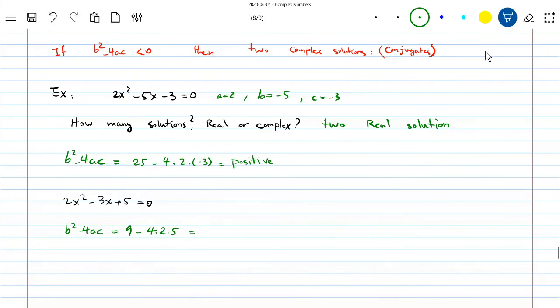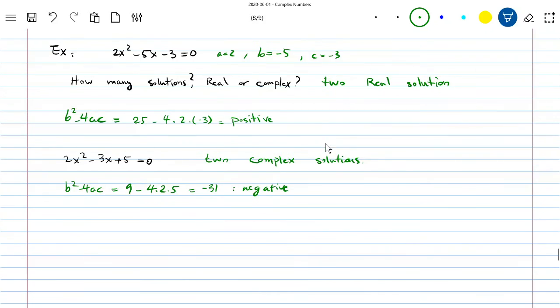This is 9 minus 40, which is -31. So it's a negative value. So if the discriminant is negative, what I can say is two complex solutions. This is what you have.